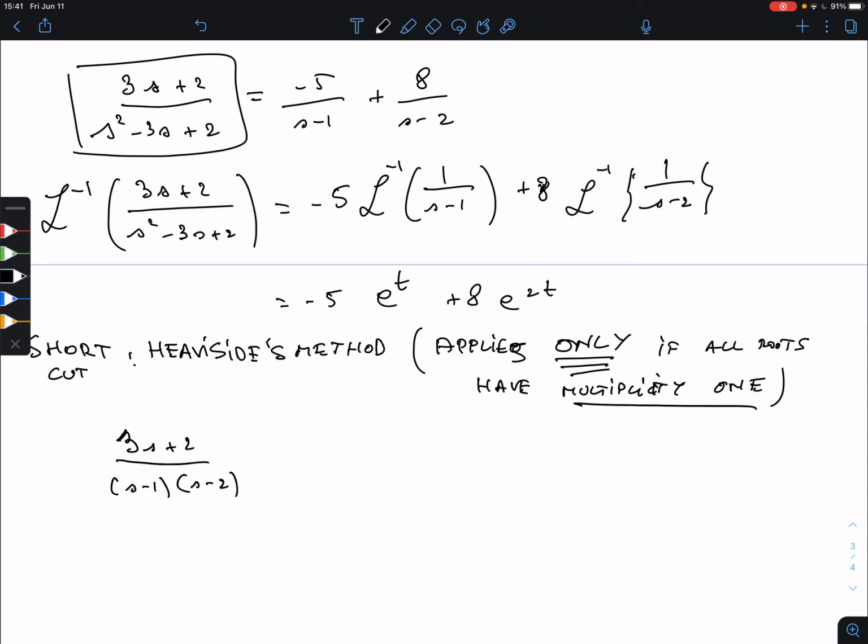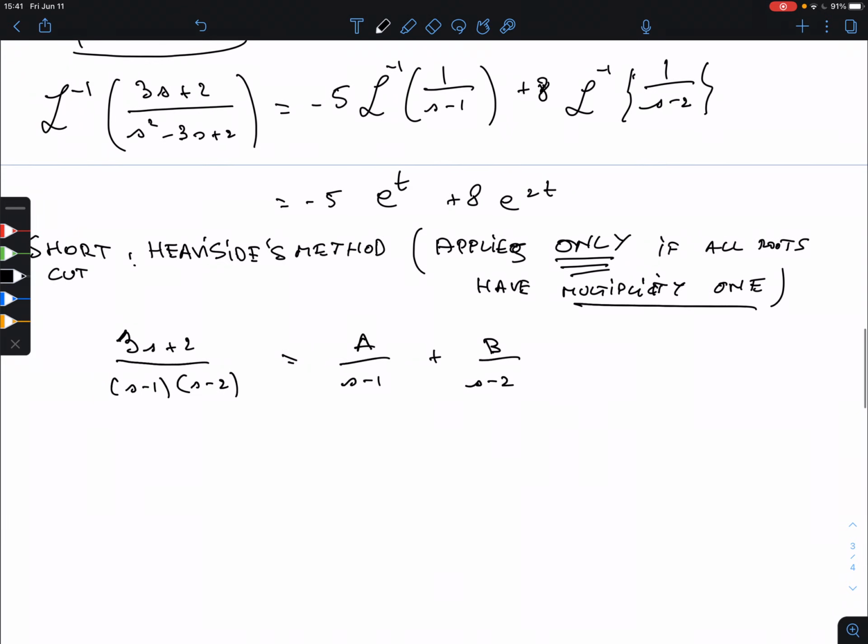And now we know it is of the form a over s minus 1 plus b over s minus 2. And the question is, how do you find a? Well, you find a as follows. You take 3s plus 2 over s minus 1 times s minus 2, and you factor out this s minus 1 here. A is on top of s minus 1, you factor that out.